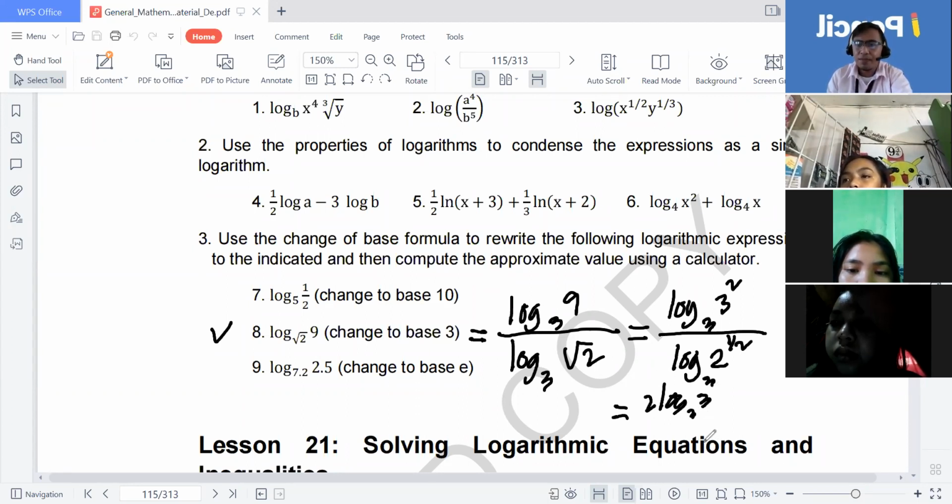Agree? All over 1/2 log of 2 base 3. As we all know, log of 3 base 3 is just equal to 1.